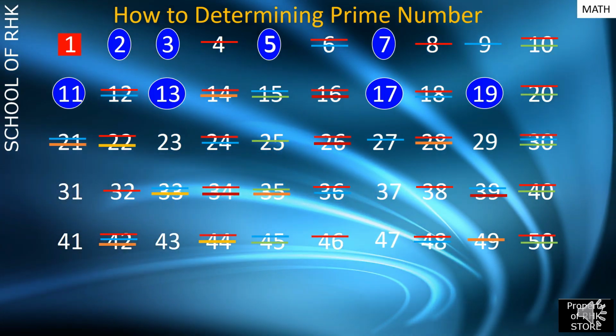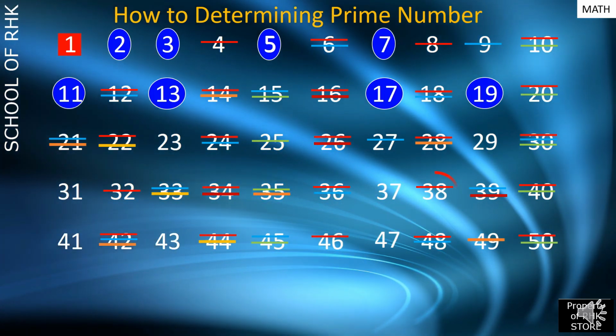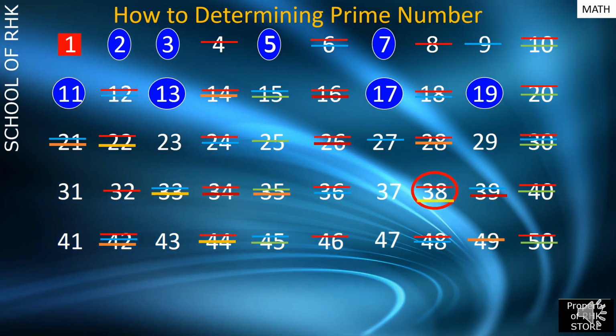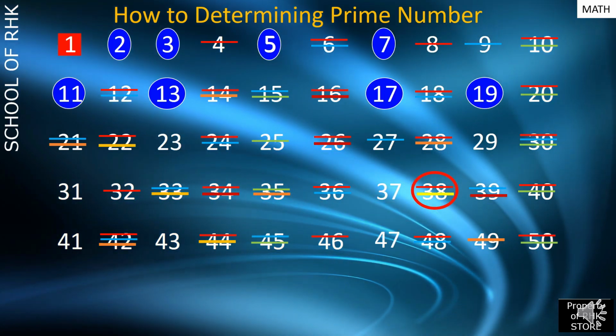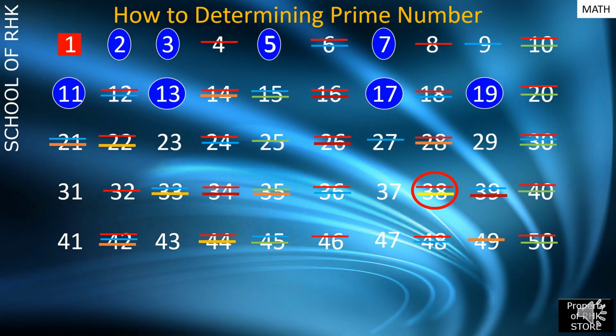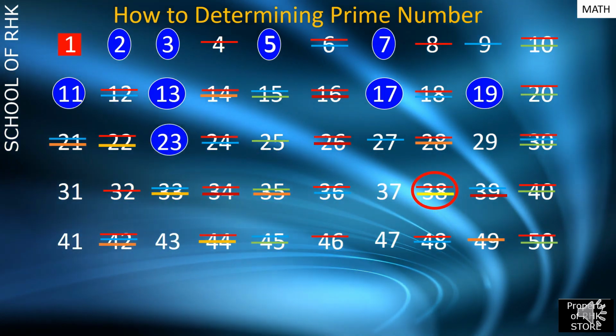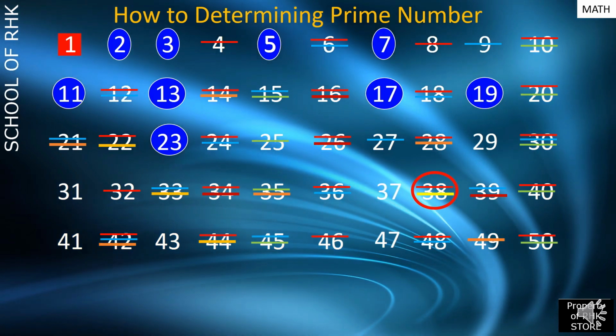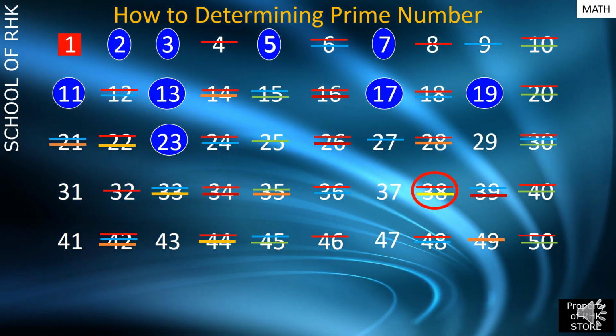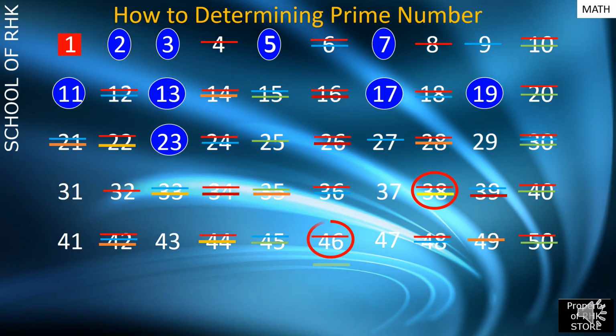Now let's cancel the multiple of 19, which is 38. The next prime number is 23. Now let's cancel the multiple of 23, that is 46.